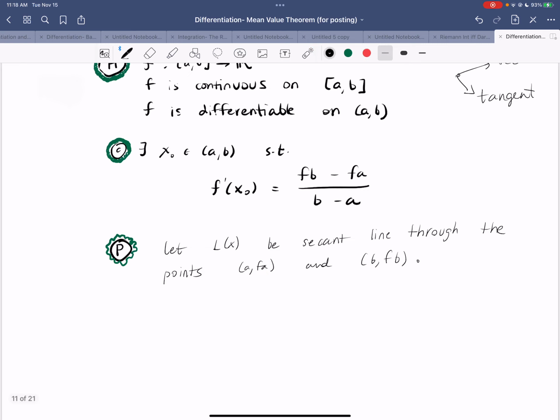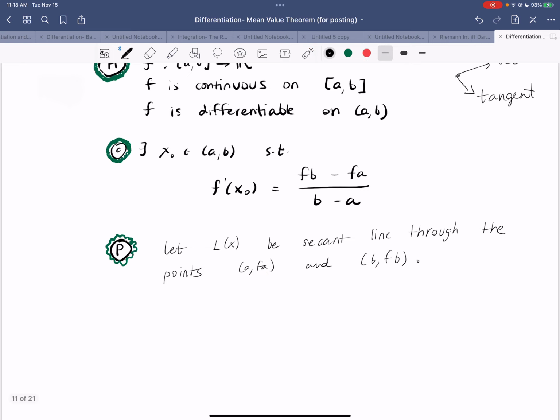Hypothesis would be, suppose you have a function f, it's defined on some domain AB, and f prime of x, or let's say f is on some subset.